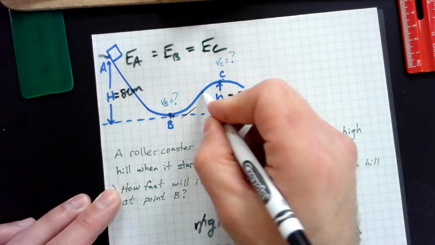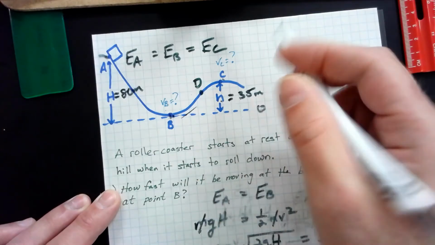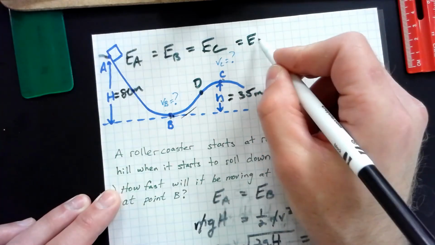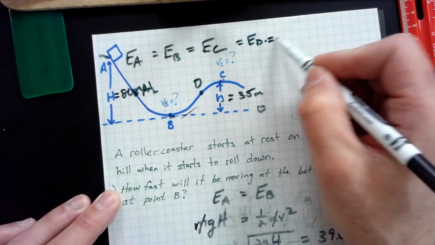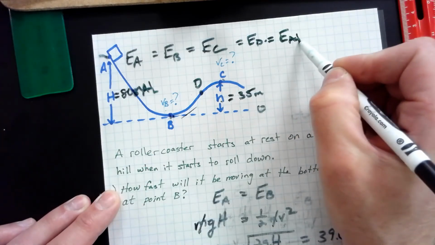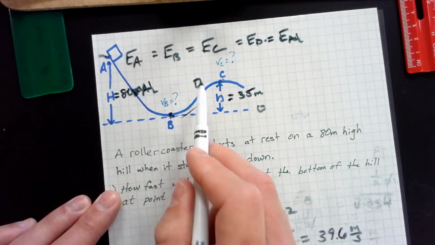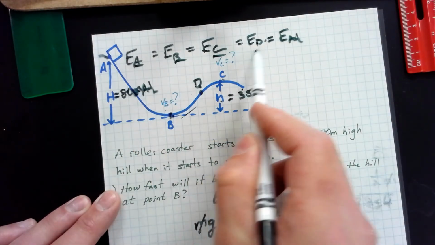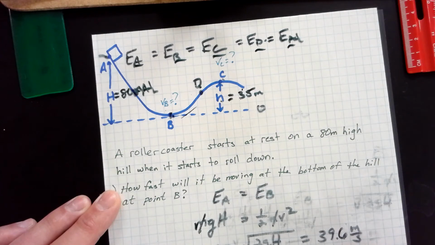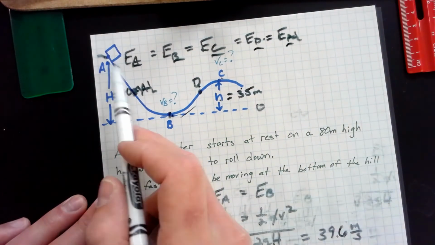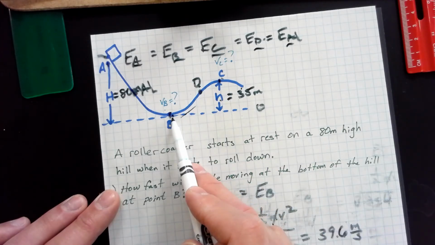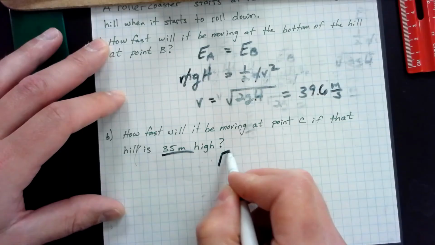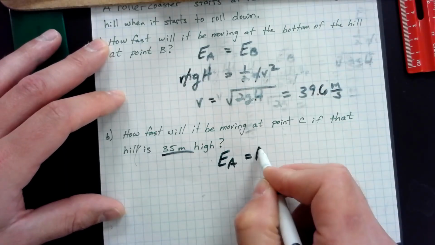If we added another point, point D, it would be equal at point D too. At every single location, the total mechanical energies are equal to each other. So we can pick any point. We can set the energy at A equal to C, or the energy at B equal to C. Your decision. I'm setting the energy at A equal to the energy at C.